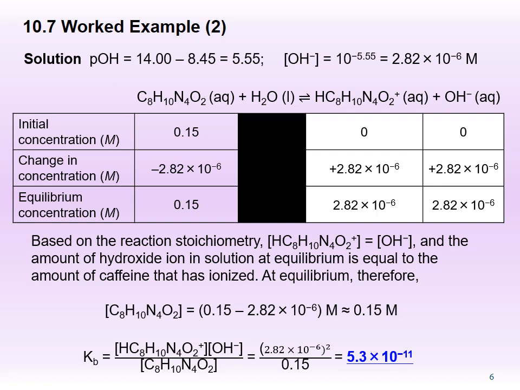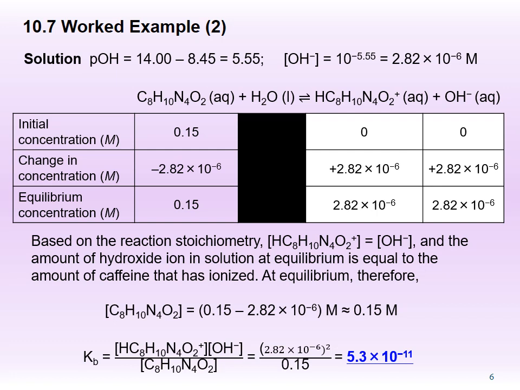However, we have already worked out the hydroxide ion concentration and found it to be 2.82 times 10 to the power of negative 6 molar. This is the equilibrium concentration of hydroxide ion, and it is the value of x.